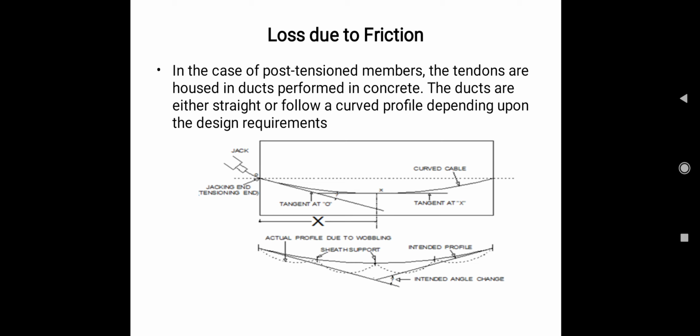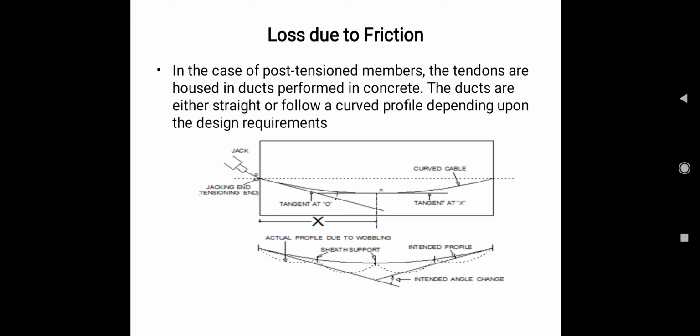In the case of post-tension members, the tendons are housed in the ducts preformed in concrete. The ducts are either straight or curved depending upon the design requirements. This friction loss will occur only in post-tension members.